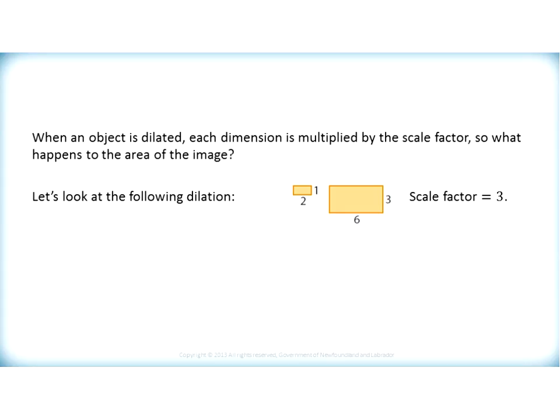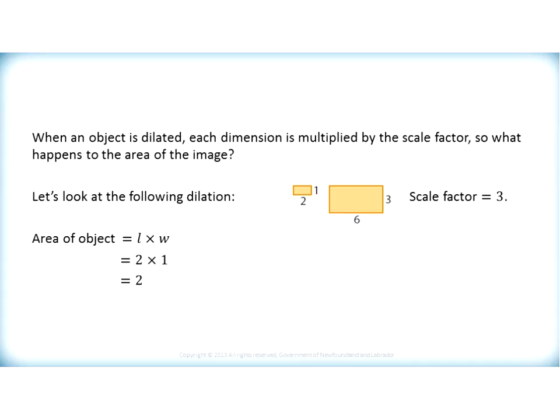So now our image is 6 by 3. The area of the original object is the length times width because it is a rectangle. The length is 2 and the width is 1, so we multiply 2 by 1, and that gives us a total area for the smaller rectangle of 2.